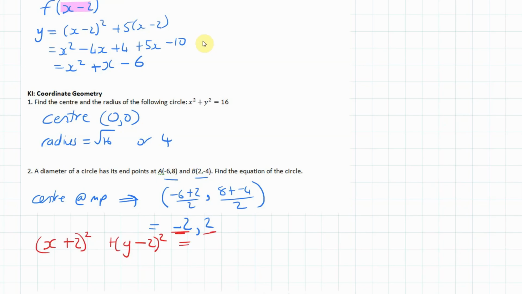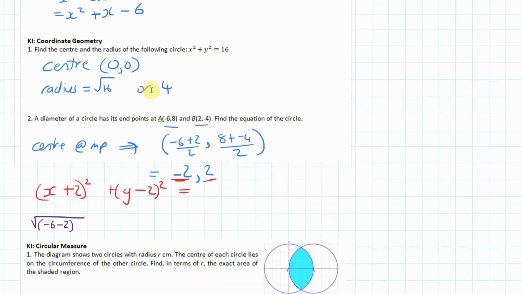Okay, now, to find the radius, we can find the length of the diameter. So the magnitude of this diameter is going to be the square root of the x change. So we've gone from minus 6, squared, plus the y change, so we've gone from 8 to minus 4, and we square that.